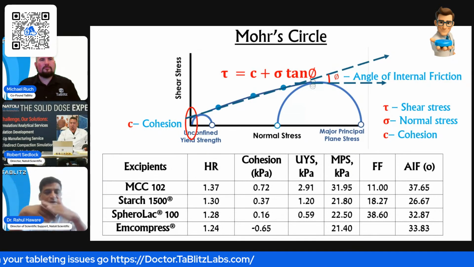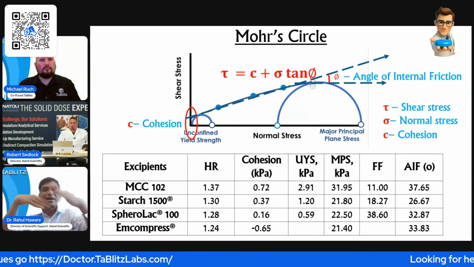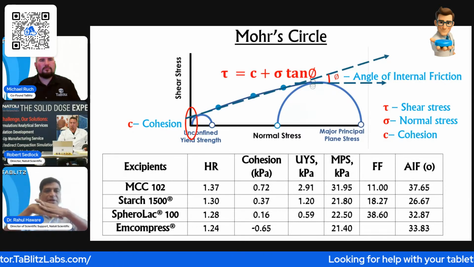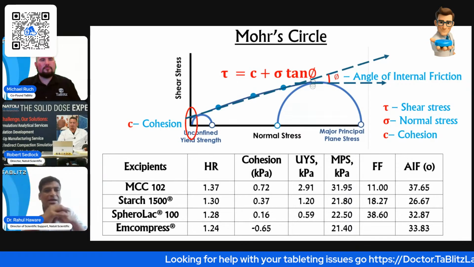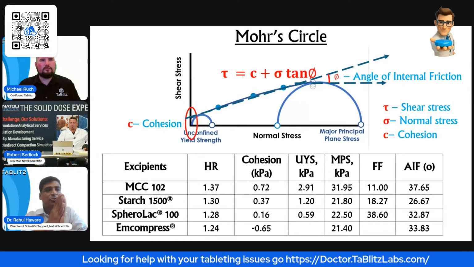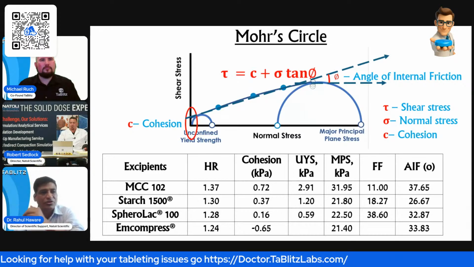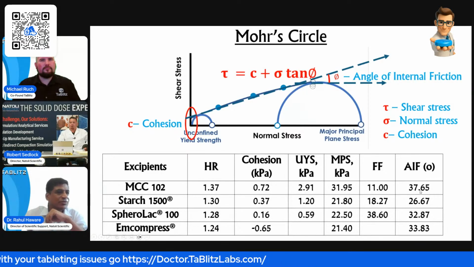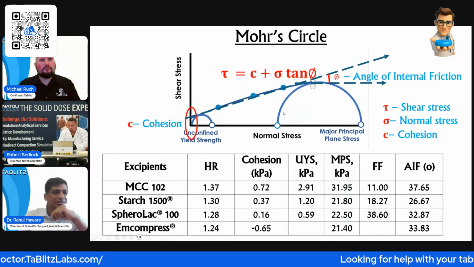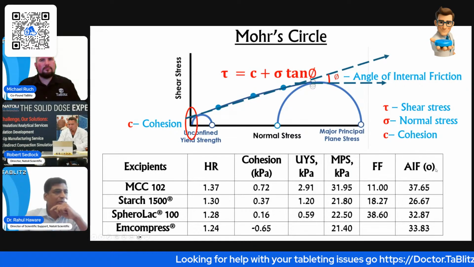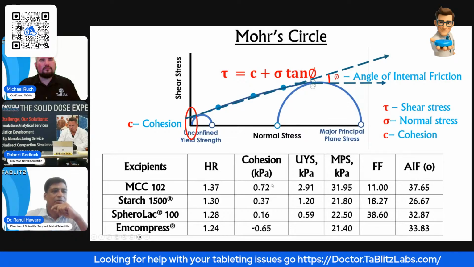But irregularly shaped particles have mechanical interlocking and more friction, and that's why they have more cohesion. So in general, the higher the angle of internal friction, the higher the likely cohesion. Just like here, as you can see, MCC 102 has fibrous particles, and that's the reason it has a 37.65 degree angle of internal friction, and that's why it has high cohesion.